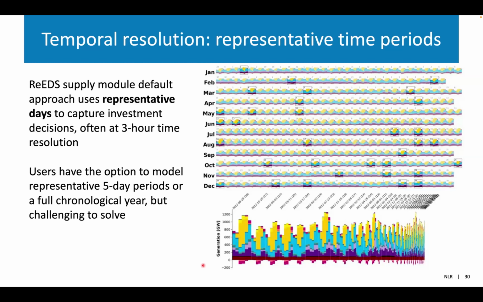You can also represent the year at a full 365-day resolution, so basically no representative periods. This is possible, though this option doesn't work out of the box in ReEDS because it makes the model computationally expensive to solve. It would require you to make compromises to the model formulation elsewhere, like lowering the spatial resolution or decreasing the use of features that complicate the model formulation.